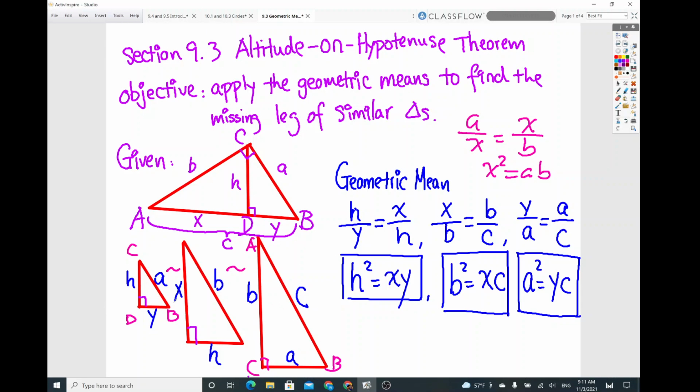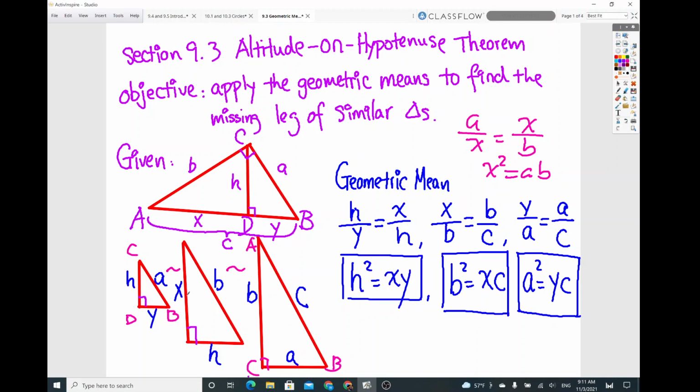Comparing the small and the medium triangle, H over Y, the height over the base, is the same as the ratio of the medium triangle, X over H. Cross multiplying, H squared equals X times Y. Comparing the medium triangle with the large triangle, X over B, the height over the hypotenuse, is the same as B over C, the height over the hypotenuse of the large triangle.